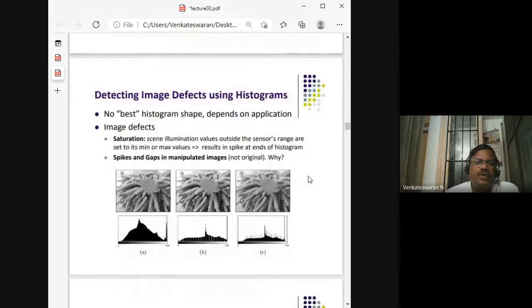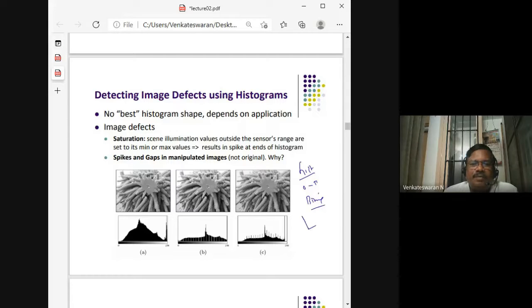You can also look at certain defects through histograms. Implementing histograms, that is, finding, drawing or plotting them, is a very important exercise. For example, don't use the direct MATLAB command for this. You can pick values from 0 to 255 and do a kind of binning operation, which we'll see later.